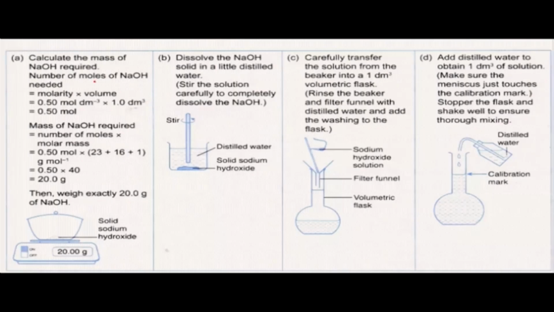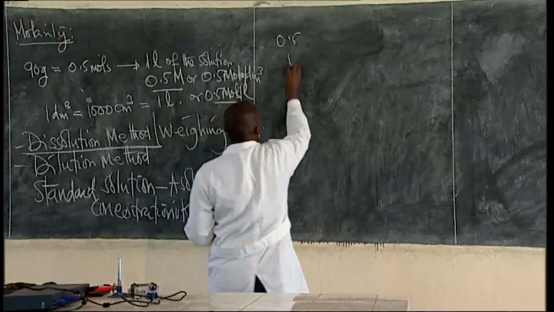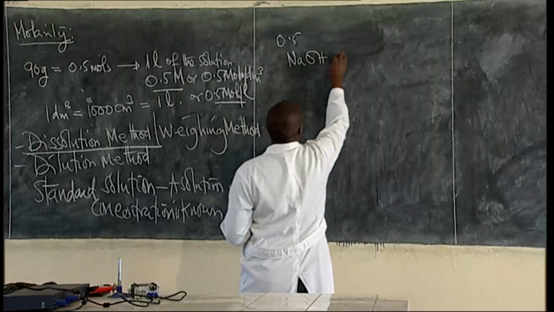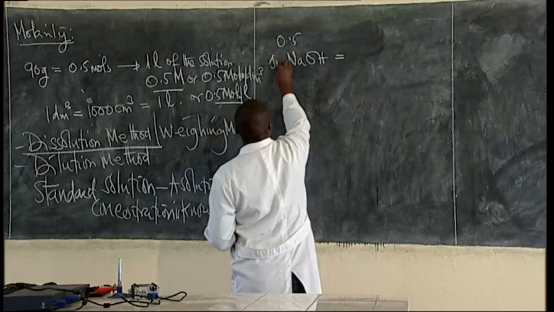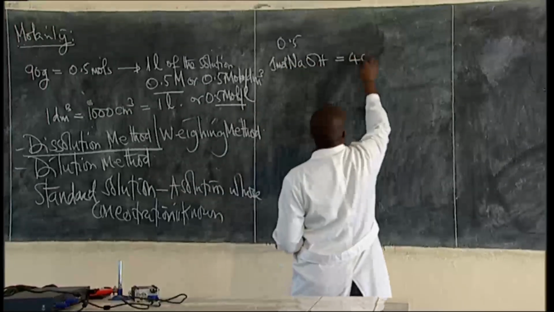You need to calculate the mass of sodium hydroxide required to prepare this. When we say 0.5 moles, it is equivalent to what? 1 mole of sodium hydroxide is equal to 40 grams.